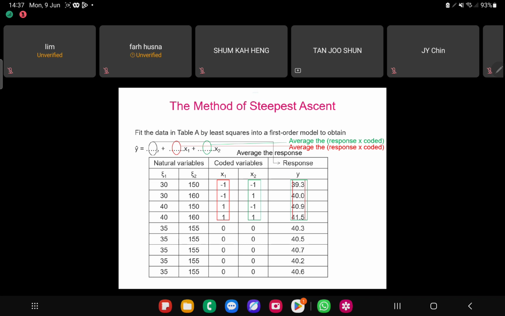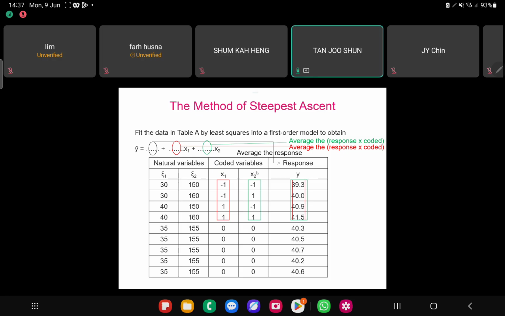Then for this red color, you will be using the coded value: -1 times 39.3 plus -1 times 40 plus 1 times 40.9 plus 1 times 41.5, then divide by 4 because we need the average.